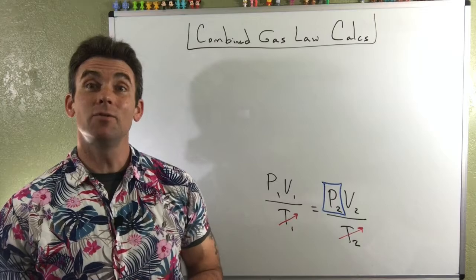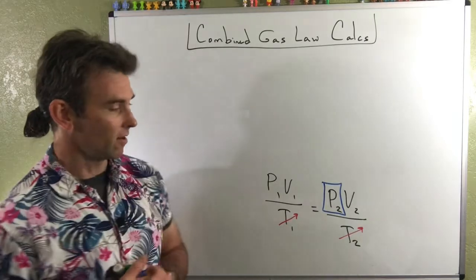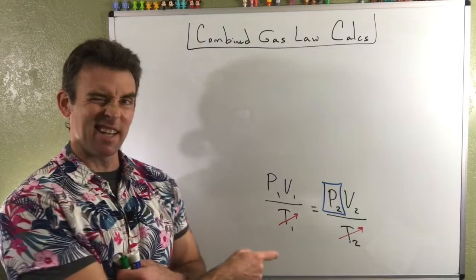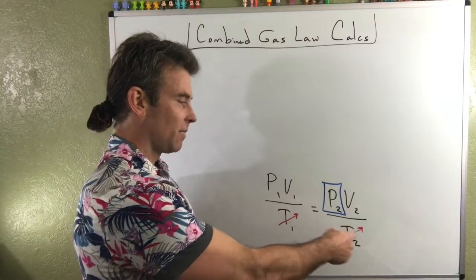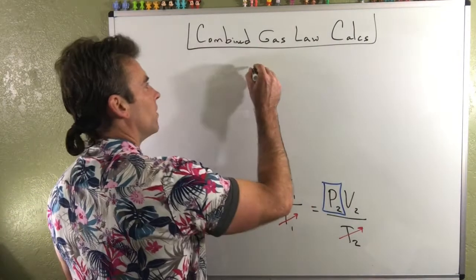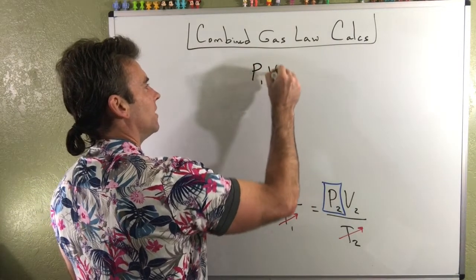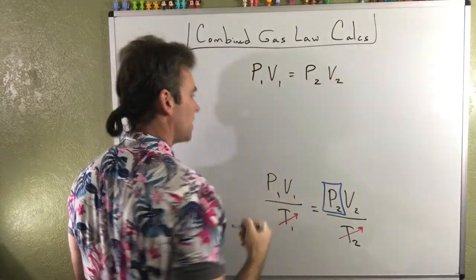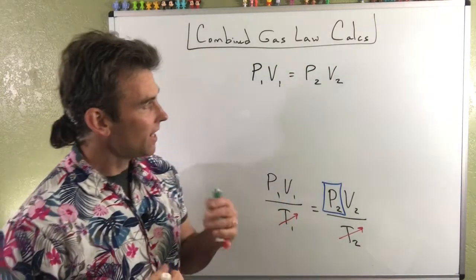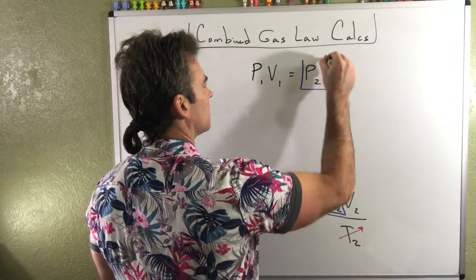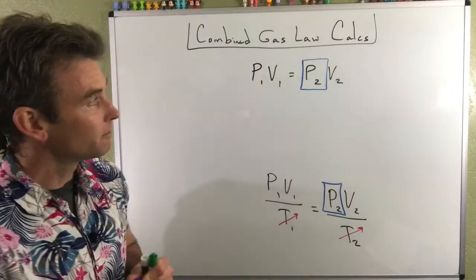All right, so let's do some algebra based on this little sucker right here. First thing I'm going to do is make my life a little easier just to organize things in my brain. These things I'm going to get rid of completely, and I'm going to redraw it. So what I end up with is Boyle's law, which is P1 V1 equals P2 V2. What I need to do is solve for whatever's in that box.